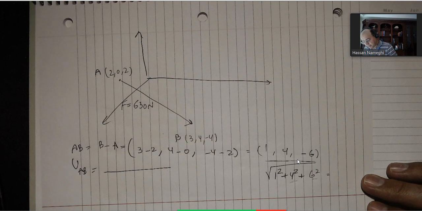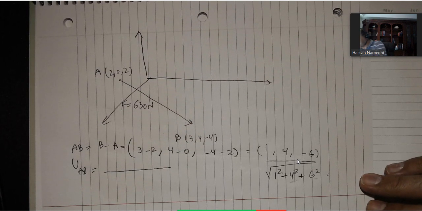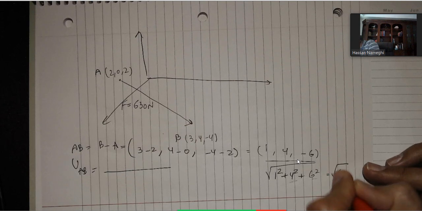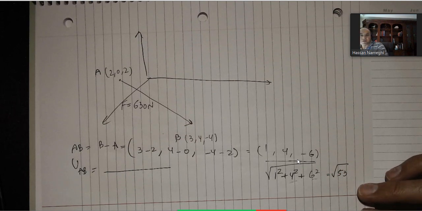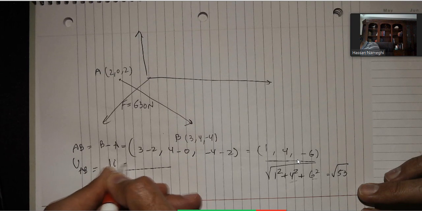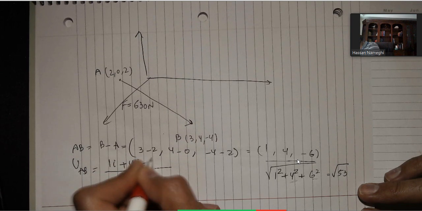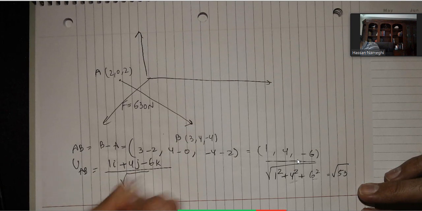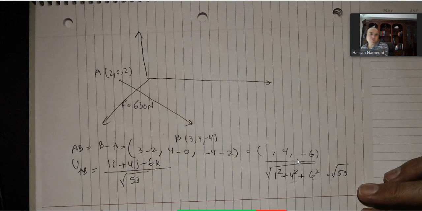36 plus 16 plus 1 becomes 53. So this will be the root of 53. Now if I do UAB, it will be 1I plus 4J minus 6K divided by root of 53.